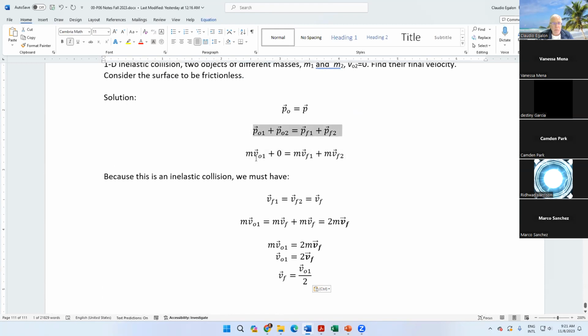P02 is still 0, but here we have to put M1, and here we have to put M2. Similarly, because it's an inelastic collision, the final one must be equal to the final 2. Here we keep M1 and M2.